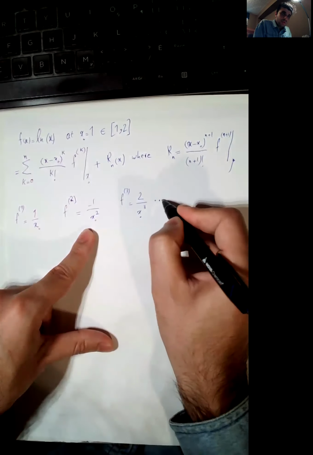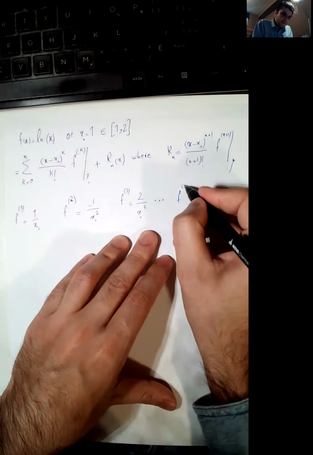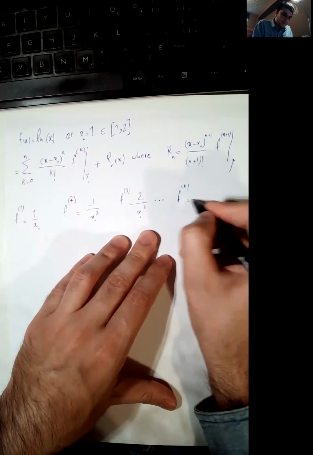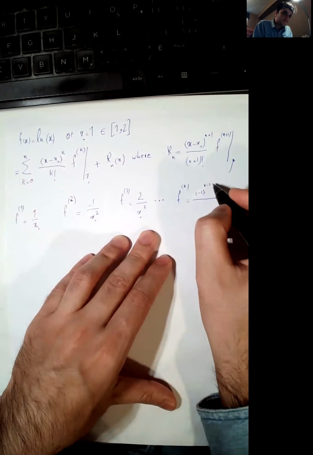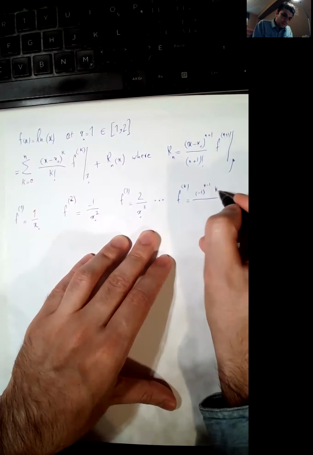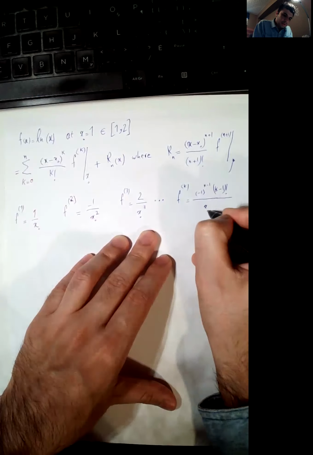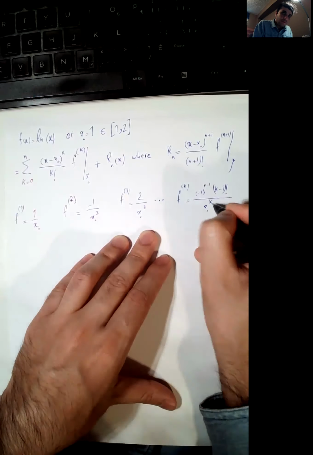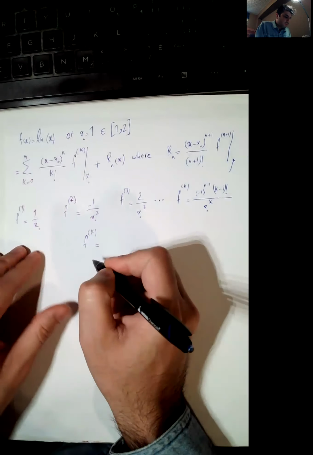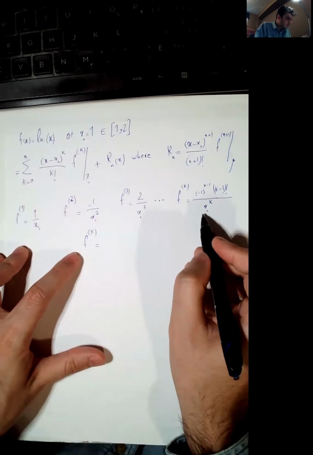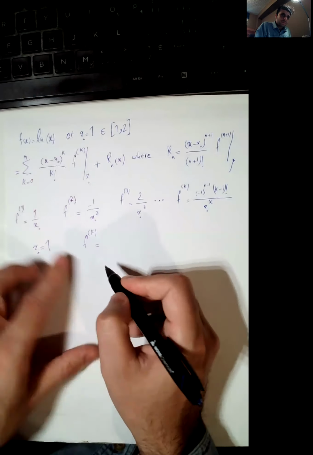If you keep doing this, you will see that f^(k) will be (minus 1)^(k minus 1) times (k minus 1) factorial over x0 to the power of k. So f^(k) for this function at x0 is this, and note that the denominator will be 1 because x0 is 1.